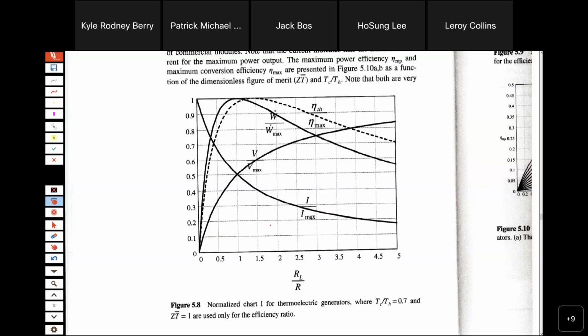this is power, the solid line, in terms of resistance ratio. So the maximum power occurs when RL over R is what?